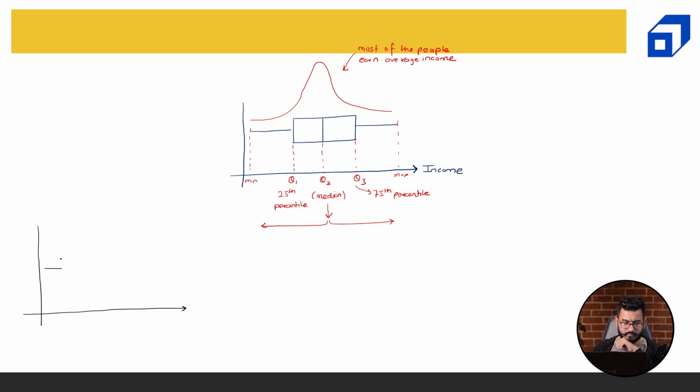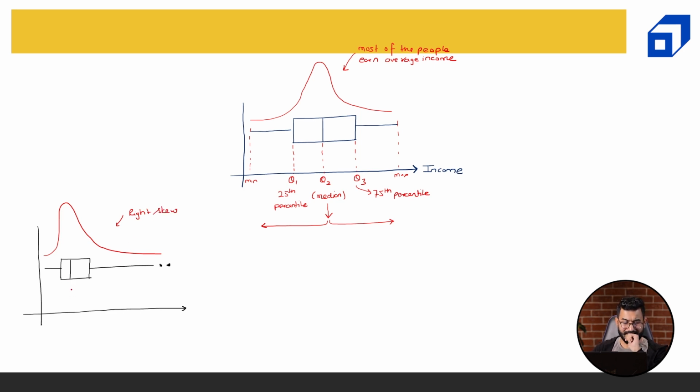Now if I have a box like this, this box represents a right skew distribution. So if I plot a normal distribution, it will look something like this. So this is a right skew. Now what is the meaning of this?